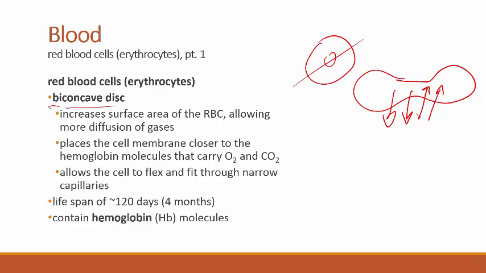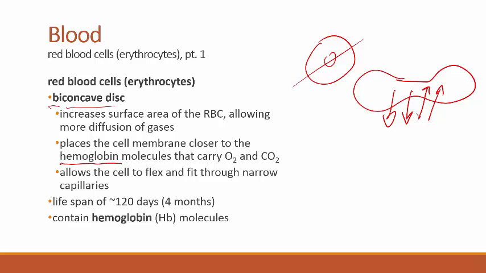And it's actually those hemoglobin molecules. Hemoglobin is what makes red blood red. It's composed of two components. There's the heme molecule, and heme is a reddish pigment. It's the heme molecule that carries the oxygen. So each hemoglobin is able to carry 4 oxygen molecules.